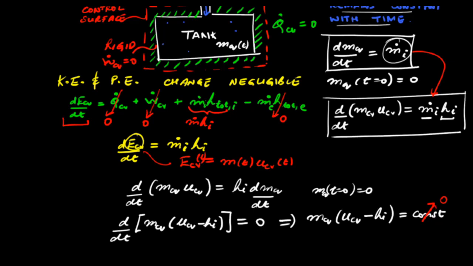What this means is that because m_CV is not going to be 0 at later times, to satisfy this equation, we must have that the specific internal energy of the gas within the control volume at any time will be equal to the specific enthalpy at the inlet conditions, which are same as those in the supply line. So this is an interesting result that for any given mass of gas within this tank, the specific internal energy of the gas within the tank will always be equal to the specific enthalpy of the gas in the supply line.